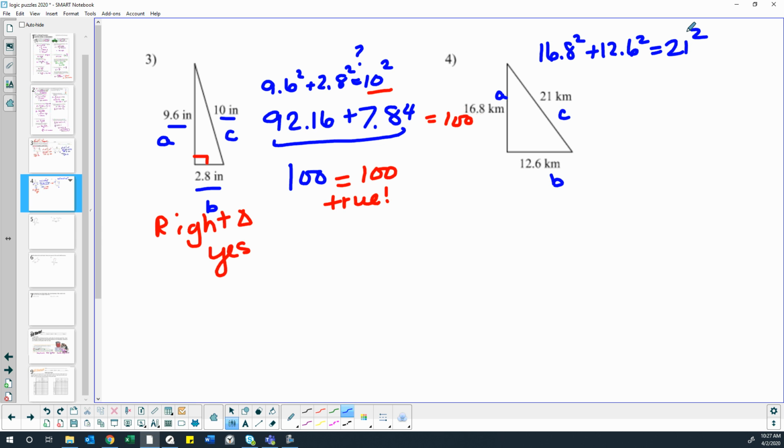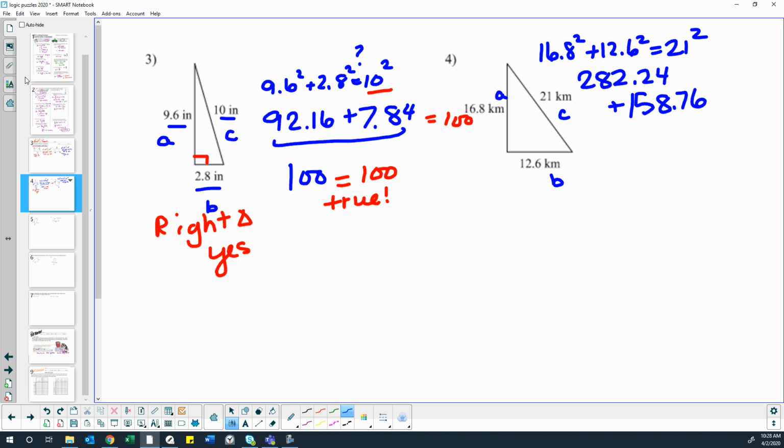Let's go ahead and do our multiplication. 16.8 times 16.8 is 282.24. 12.6 times 12.6 is 158.76.